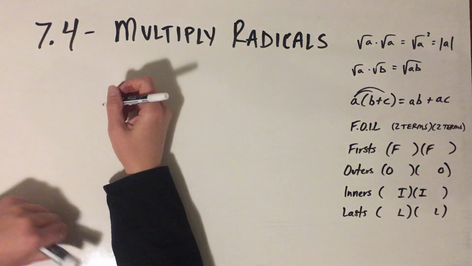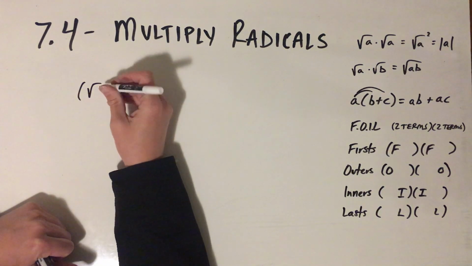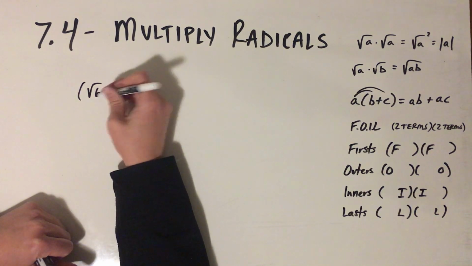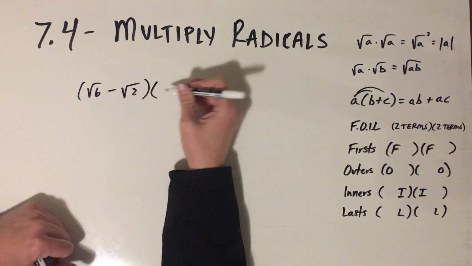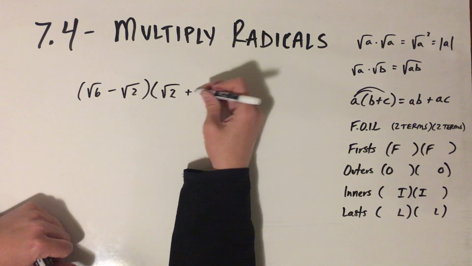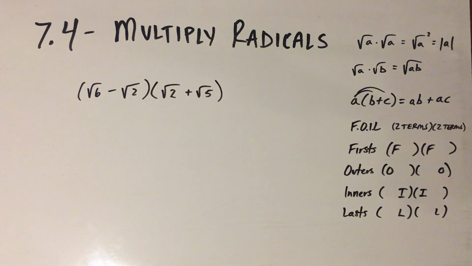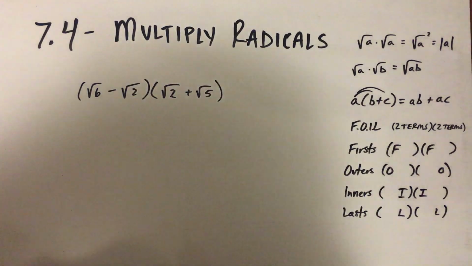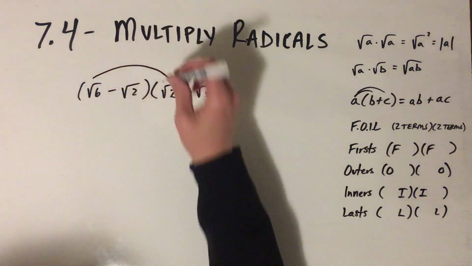So if I had the radical, say the square root of 6 minus the square root of 2 times the square root of 2 plus the square root of 5, something like this, then what I would do here is I would FOIL. I'm going to do the first times the first.